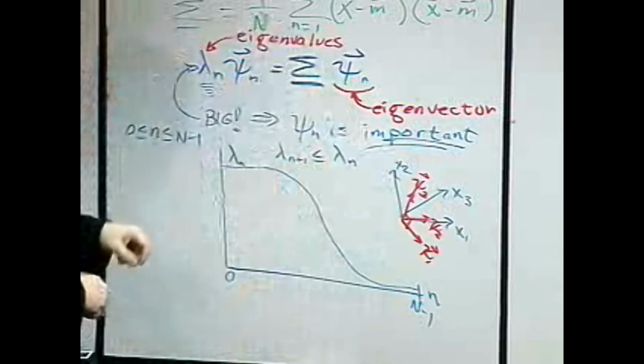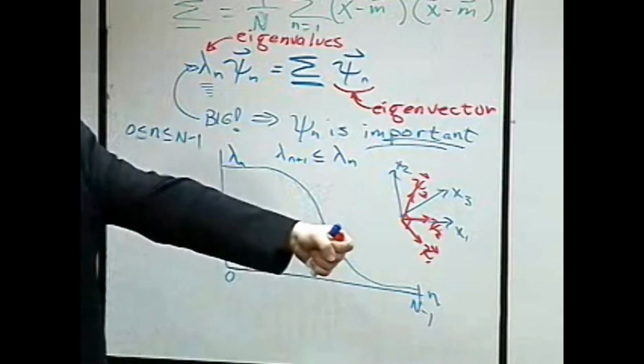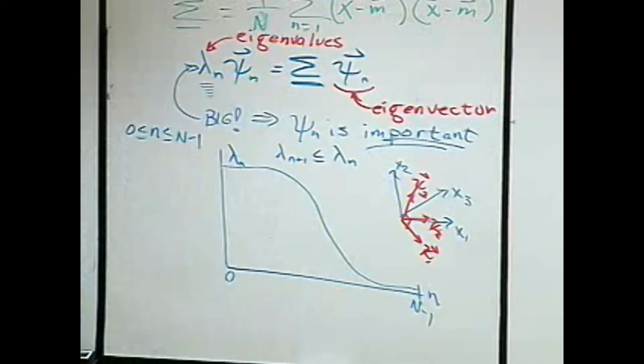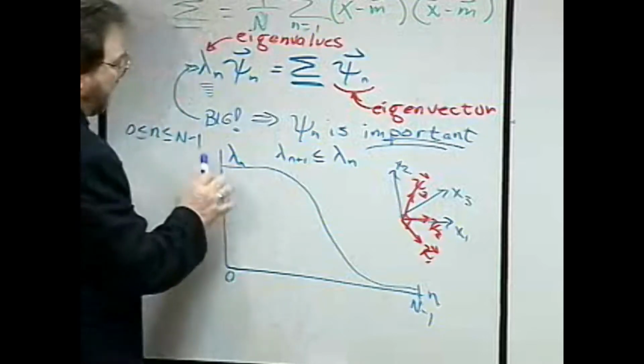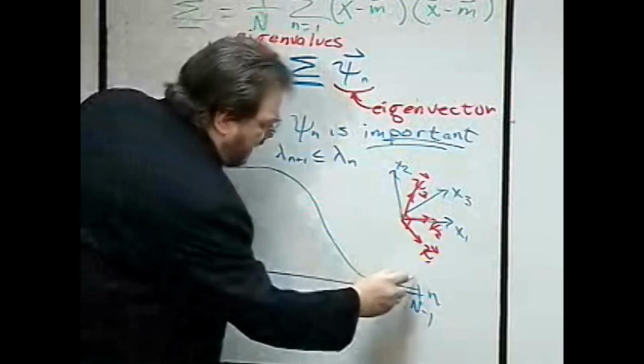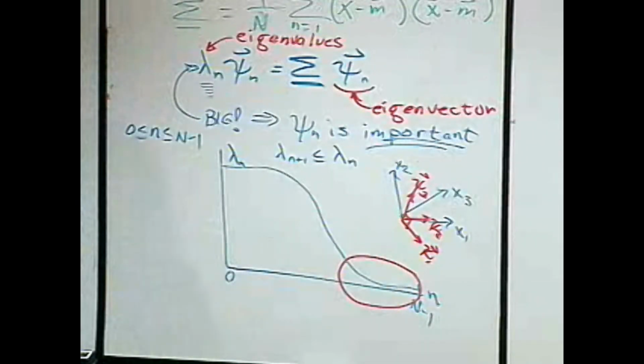In fact, the biggest one, lambda 0, is in the direction of the biggest dimension of the ellipsoid. In a way we can think of this as the thickness of the ellipsoid. Down here, where eigenvalues are very close to 0, in that direction the ellipsoid is essentially flat.